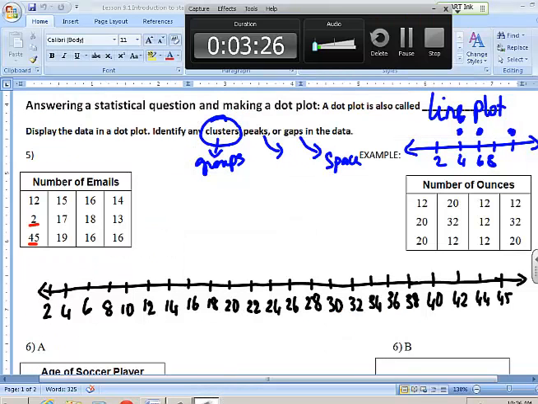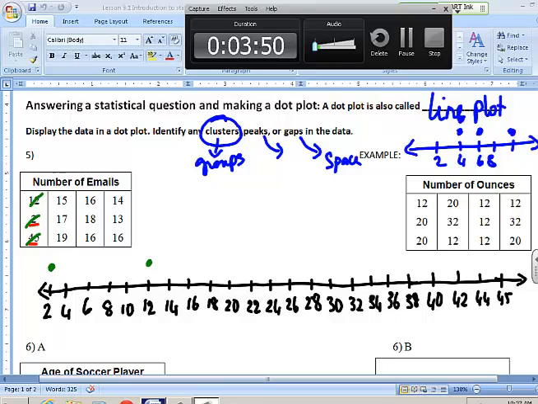Alright, I've made the number line, and let's go ahead and plot. When you're plotting, I want you to cross out as you're plotting. Don't completely cover up the number because you want to go back and check your work. So 12, then 2. Make sure that they are even. The first ones are pretty much at the same height from the number line. 45 way down here.